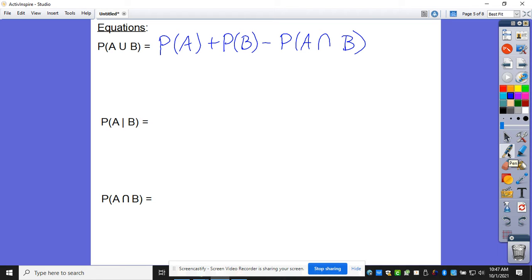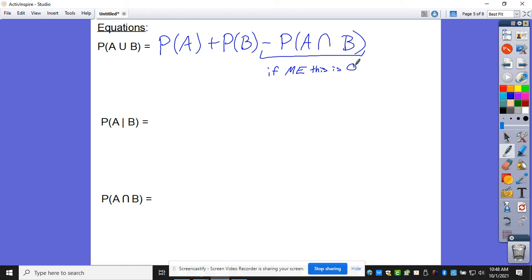Sometimes this part is not there because if it's what, this is 0. Which means do I need to write it? No, if it's mutually exclusive. So this is technically always your equation. It just so happens that if they're mutually exclusive, that's 0, so I don't need to include it.